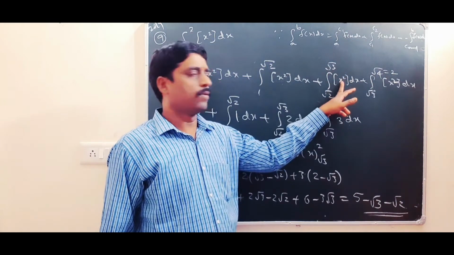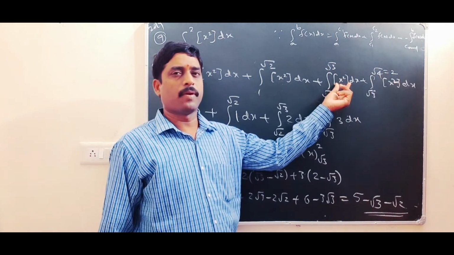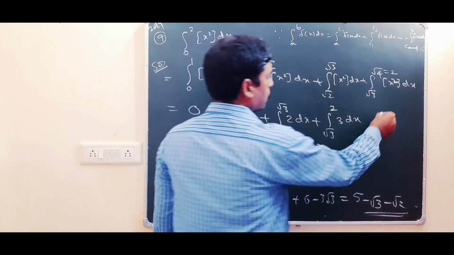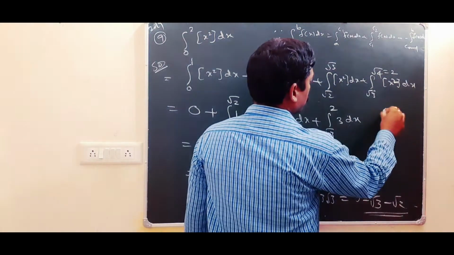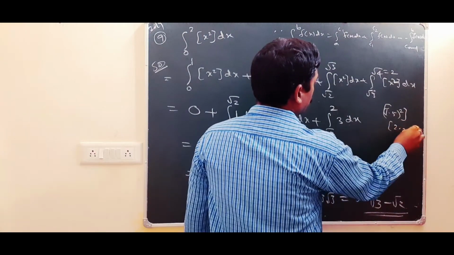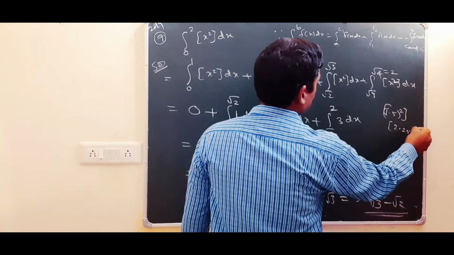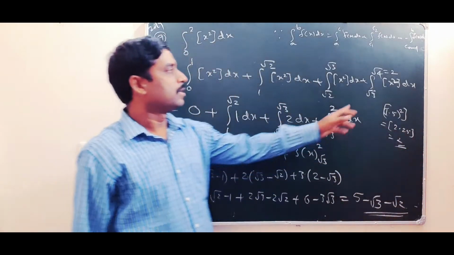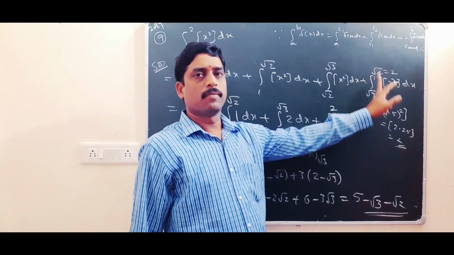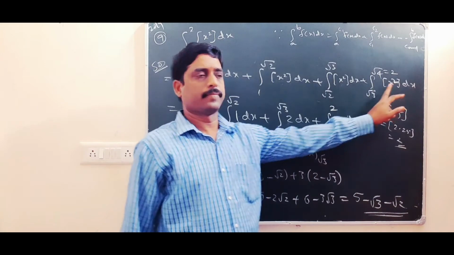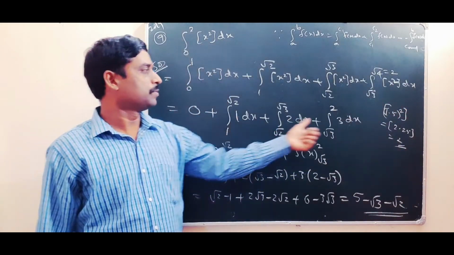So 1.5 whole square is 2.25, and the integral part of 2.25 is 2. In between root 3 to 2, we take any number, and the integral part of x square value is 3. So 1, 2, 3.